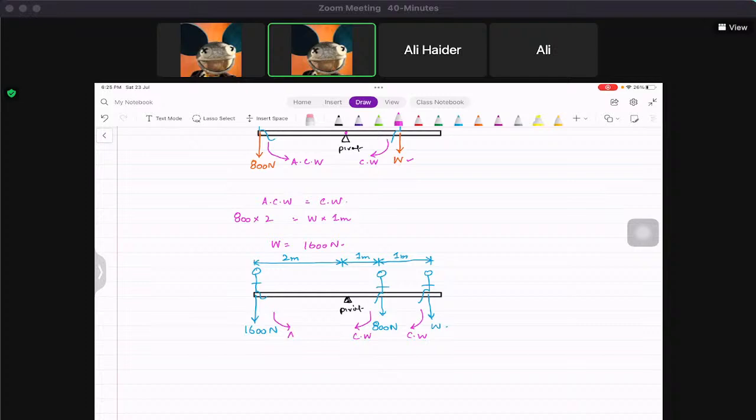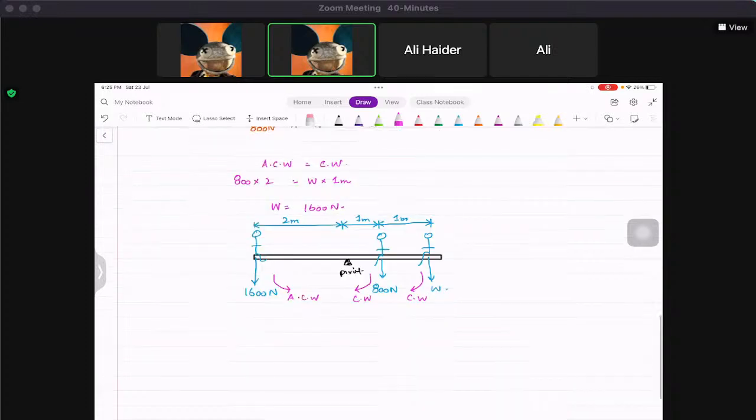Now we have to do anti-clockwise equals clockwise. So anti-clockwise would be 1600 times 2, then clockwise would be 800 times 1 plus W times, now the thing you guys need to always remember is the distance is taken from the force till the pivot, so you will write 2, not 1.